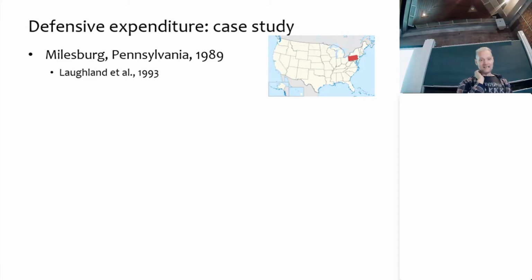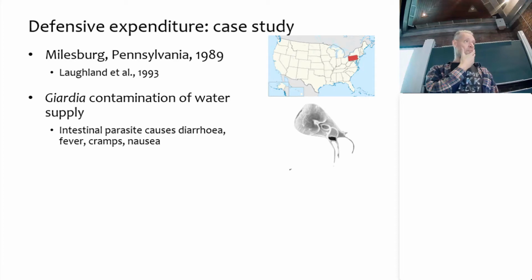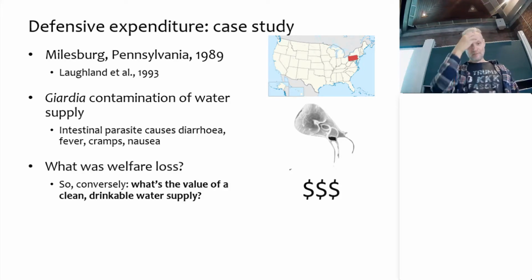So the case study is in Milesburg, which is in Pennsylvania. It's a pretty small one. It's an older study by Laughlin, published in 1993. Giardia causes severe diarrhea, not just diarrhea, fever, cramps, nausea. It really, really makes you ill, and it's an intestinal parasite.